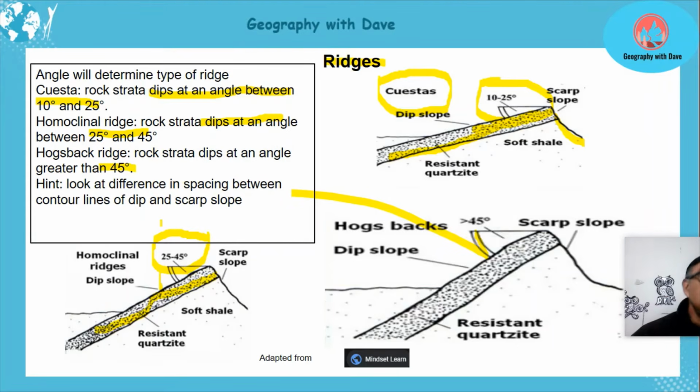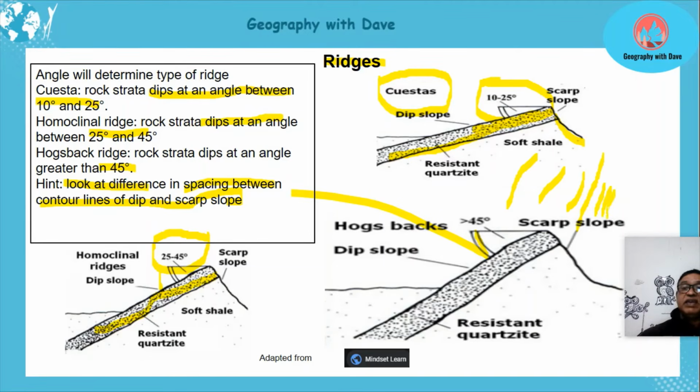All right, and if you look at the difference between the spacing here in the contour lines, you will notice this. So the angle gets bigger, and that's it. Now, hint here, if you look at the difference in the spacing between contour lines of the dip and scarp slope, it will make more sense. Like, for instance, this one may have contour lines like this, and then you may have your high area, the ridge, and then you may have your scarp slope like that.